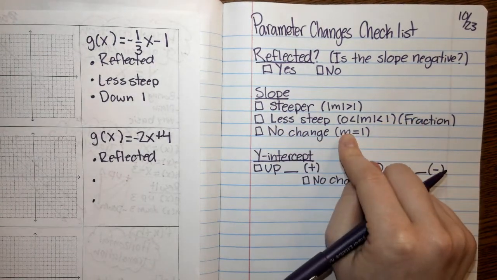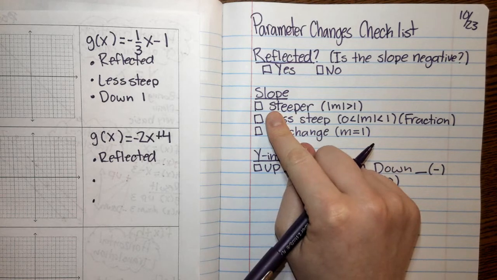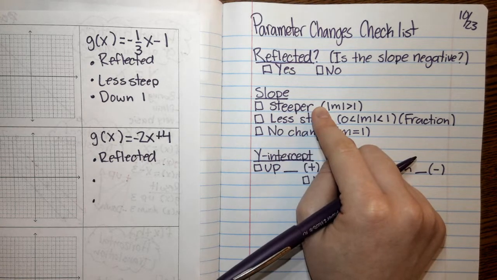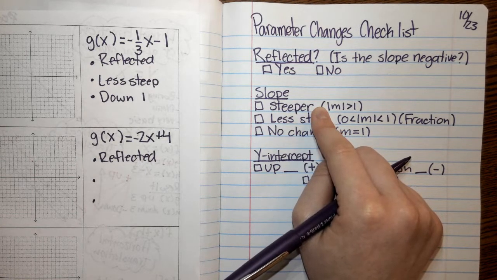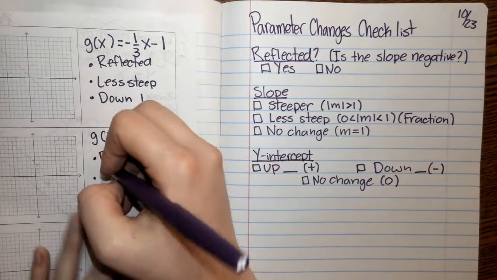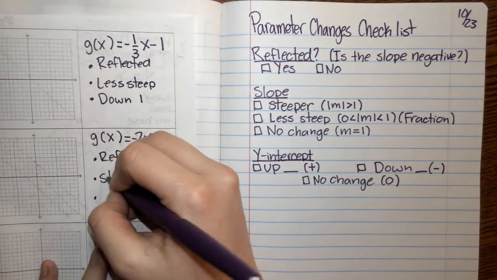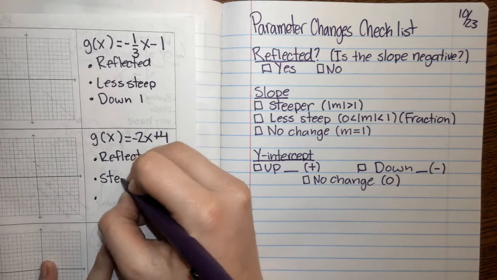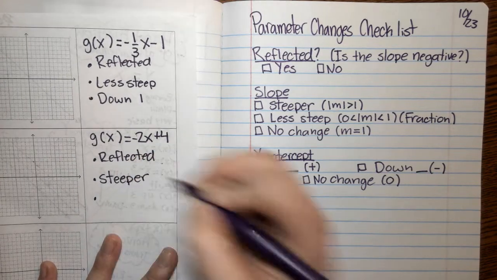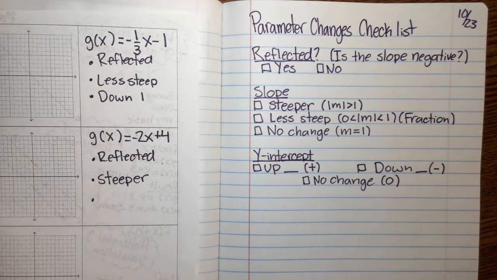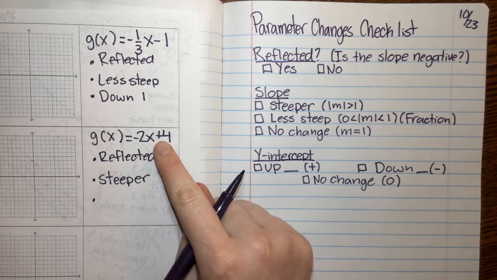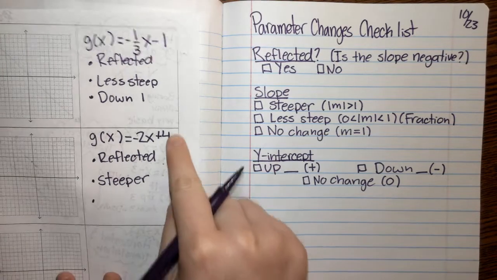No. It's also not equal to 1, so it's going to become steeper. I also could put these into my calculator to figure this out as well. Make sure you put in the parent function as well so you can compare it. Steeper. I see I've got a positive y-intercept, so it's going to go up 4.